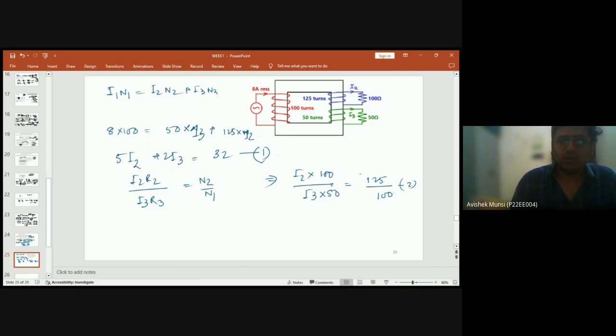From here we are getting 2 I2 by I3, 125 by, oh sorry, this 50, right? We have to take this one into N3, 5 by 2. It's 4 I2 is equal to 5 I3. So I2 equal to 5 by 4 I3.